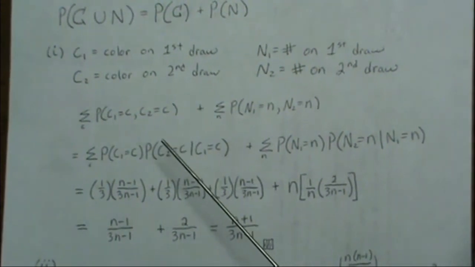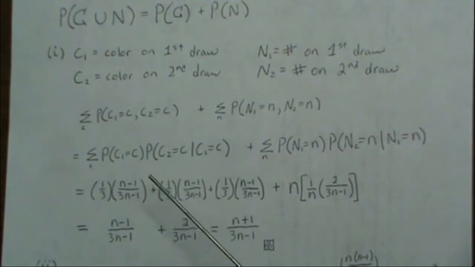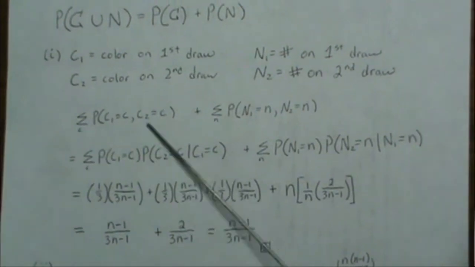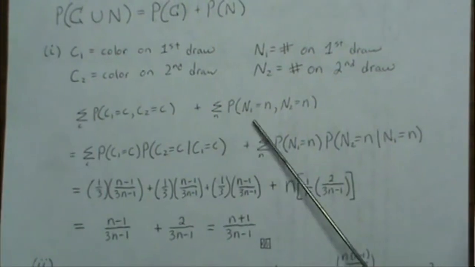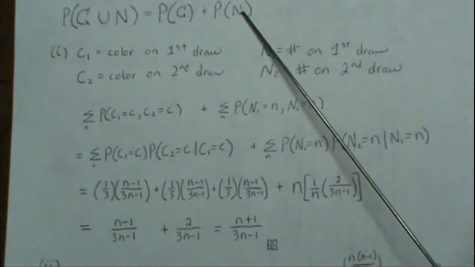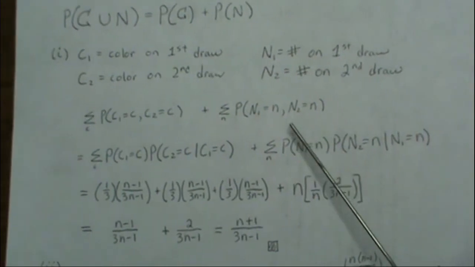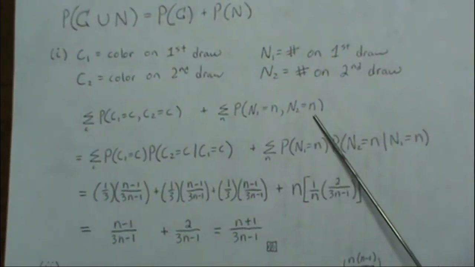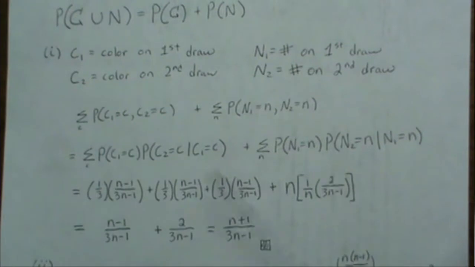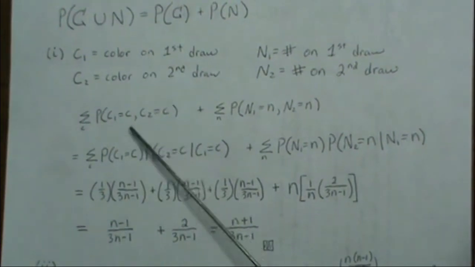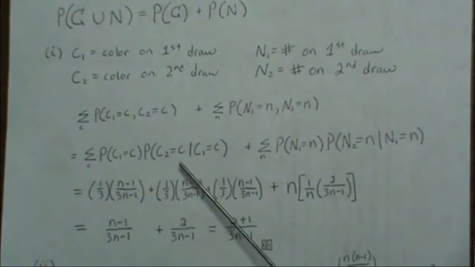Now the colors are white, black, and red. So we're summing 3 colors here. For this probability, it's the probability that the first draw is i and the second draw is i, summed over all possible values. So this can be changed to a conditional.